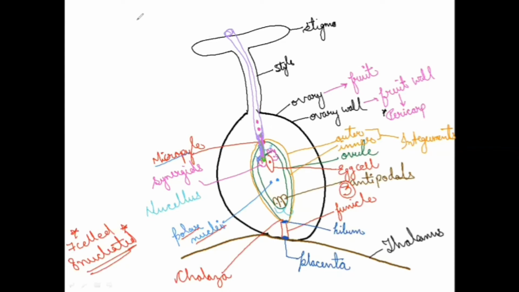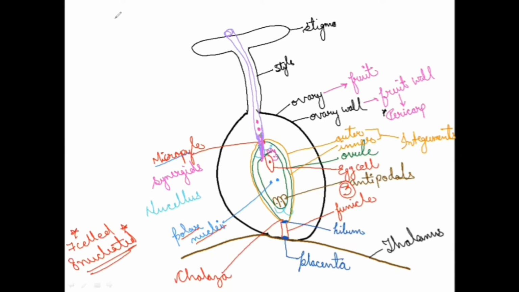And what happens? Now let's see when degeneration is done. Completely it is removed. Wait. Yeah, because we need this part. Okay, so I'll keep this over here only, I'll not remove it. So when the synergid is gone, this one will also be removed.